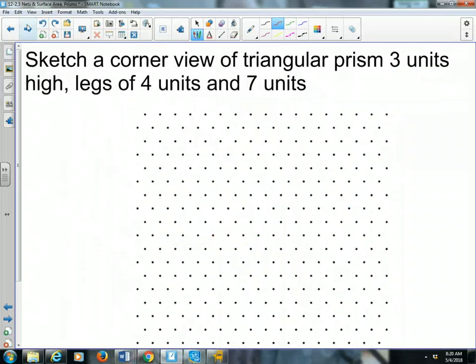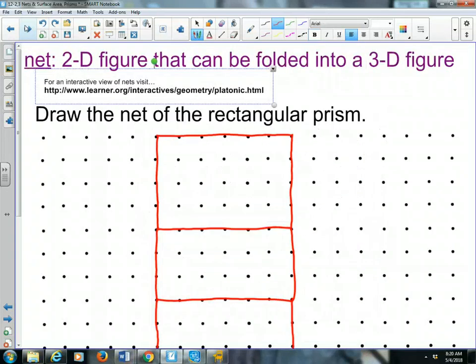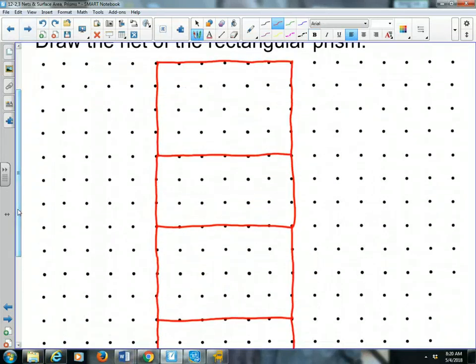I could go 3. This is already 4 units right here, and then I'm going to go 3 out this way. 1, 2, 3. 1, 2, 3. And there's my 3 by 4 on both sides.